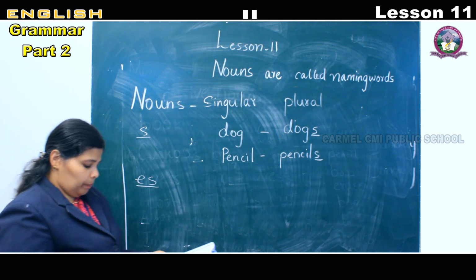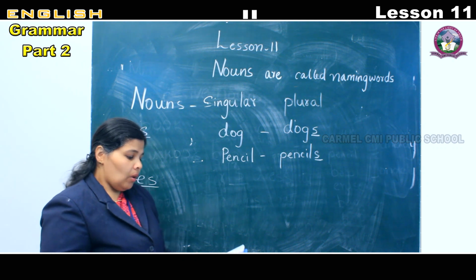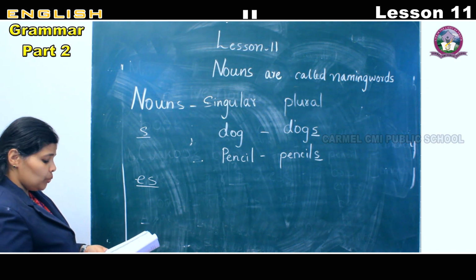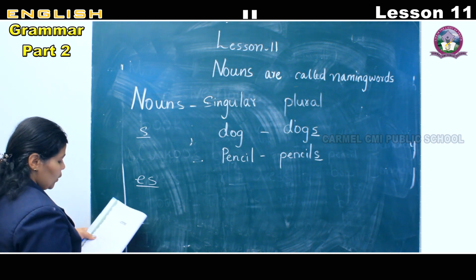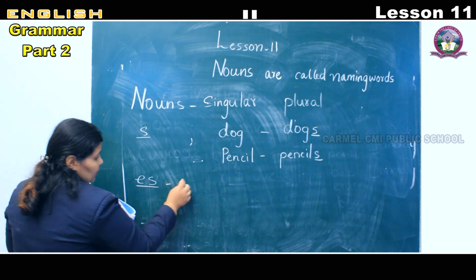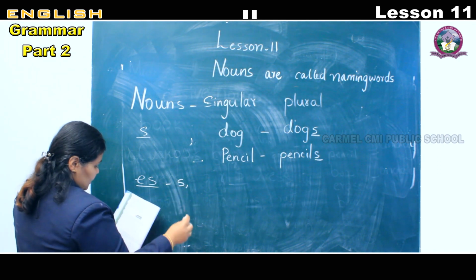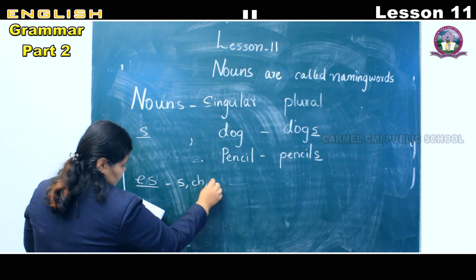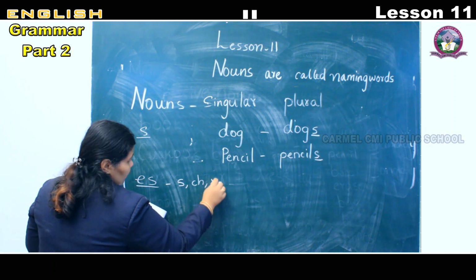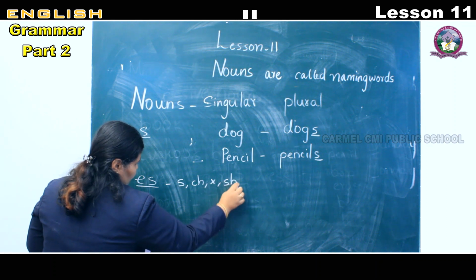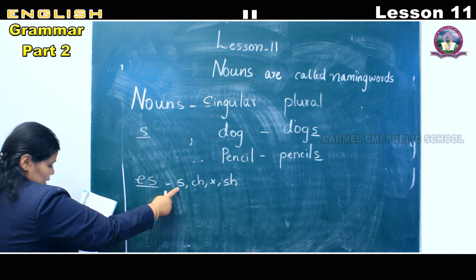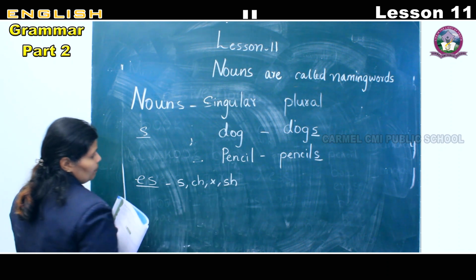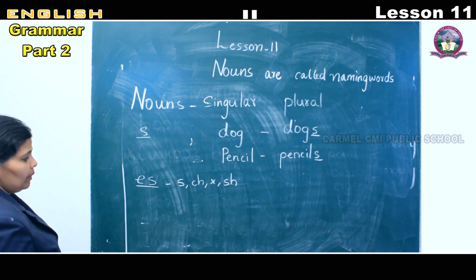Now, when you take page number 40, it is explained to you, when there is a word ending with s, ch, x, sh. Now, let me give you an example.